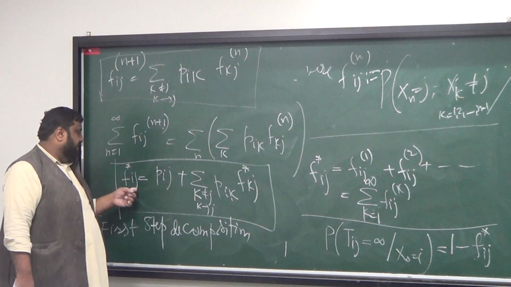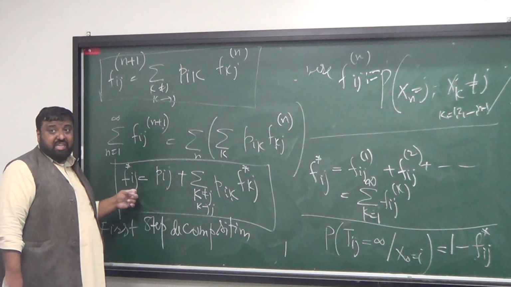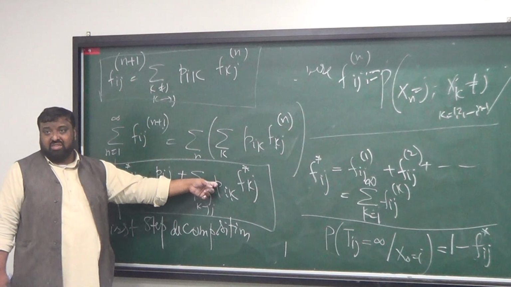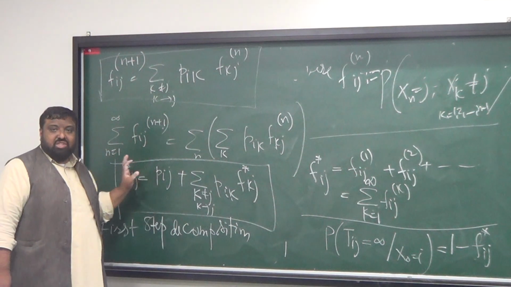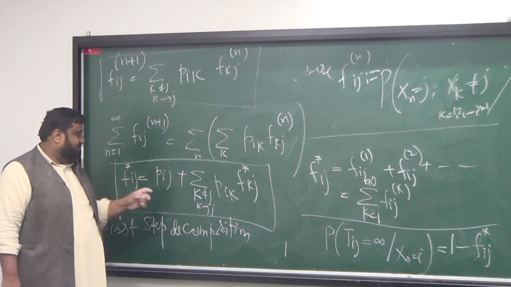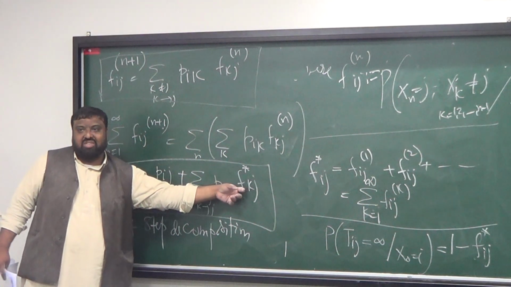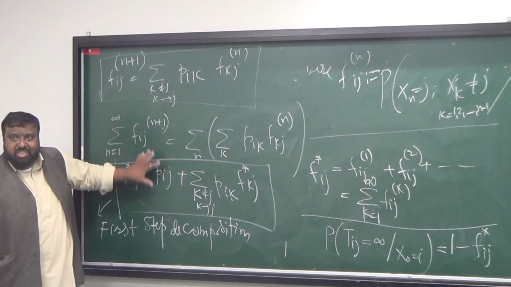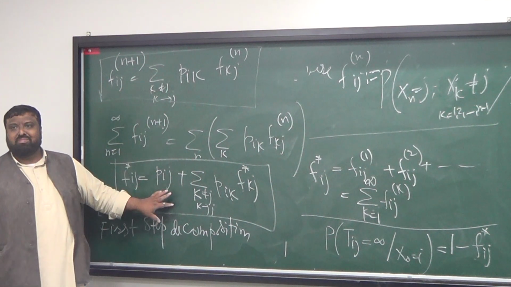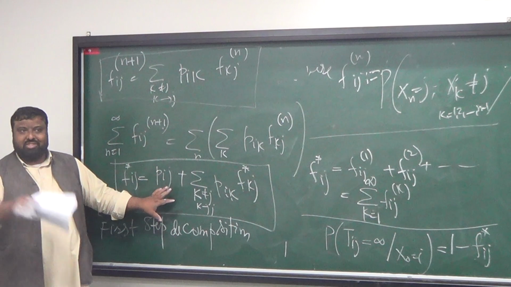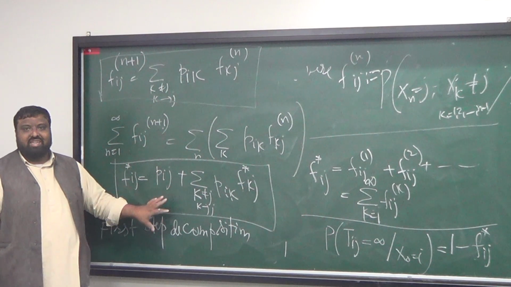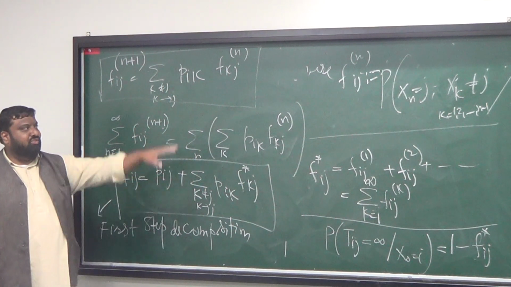If I fix j, for each j you're going to have an equation, and that equation is going to be a linear equation with these unknowns. So you have a very simple system of equations emerging using the transition probabilities, and you solve that system of equations and you get these probabilities.